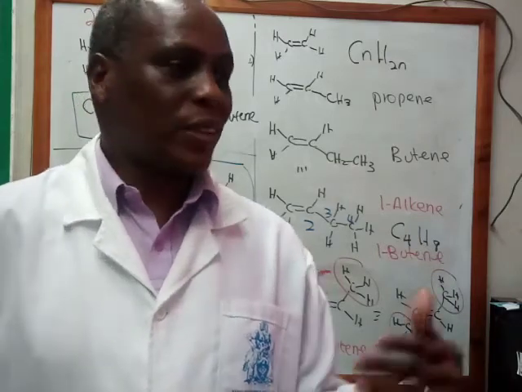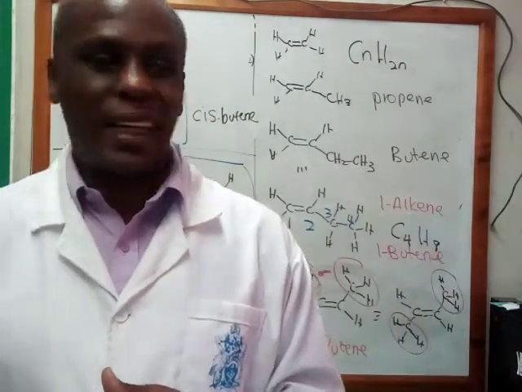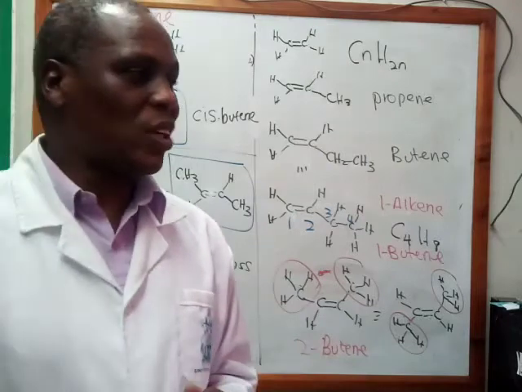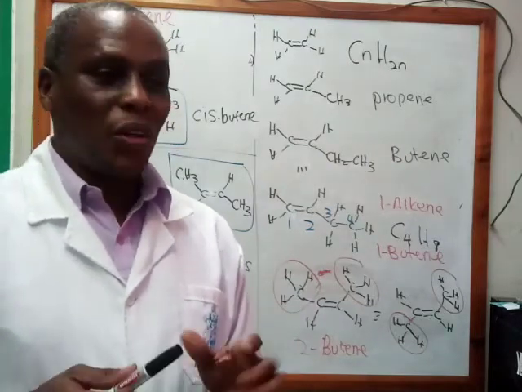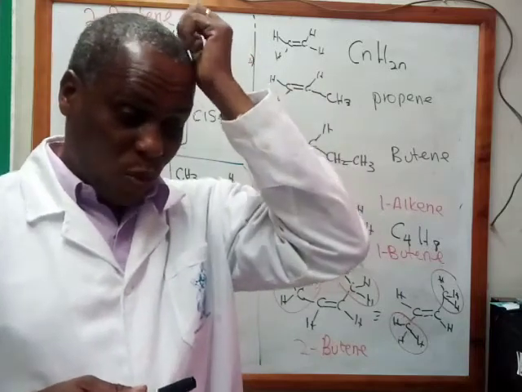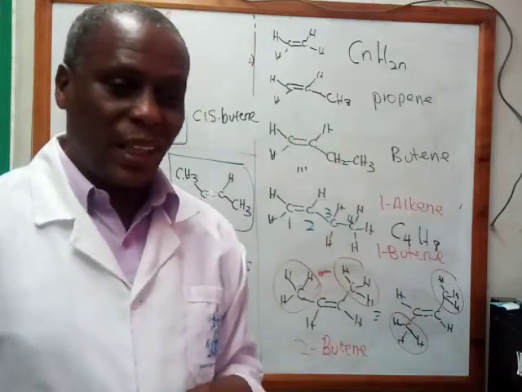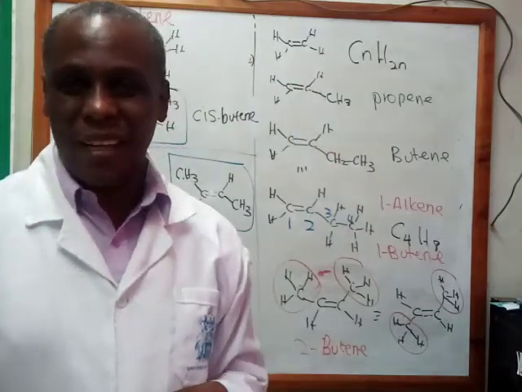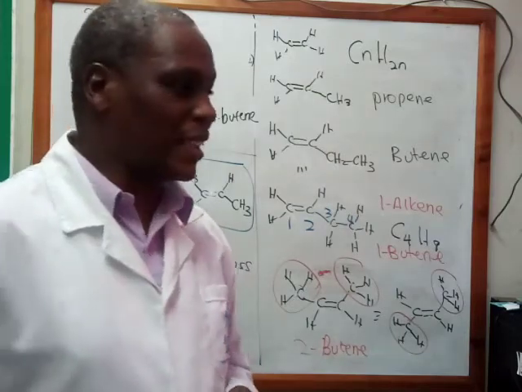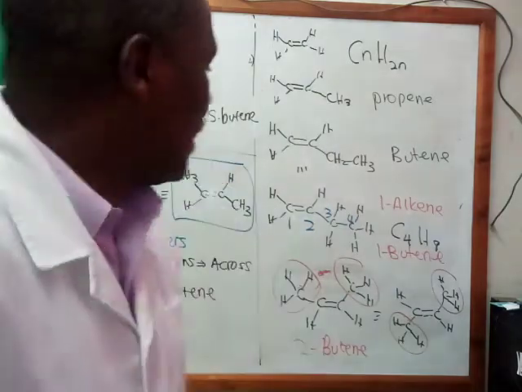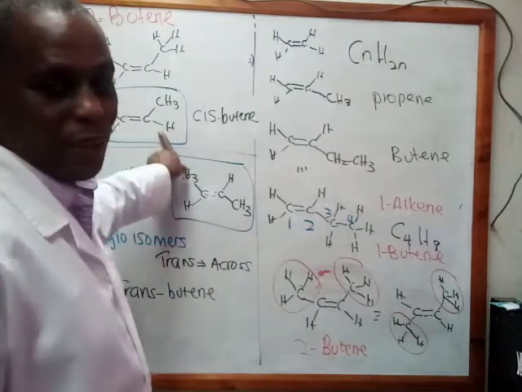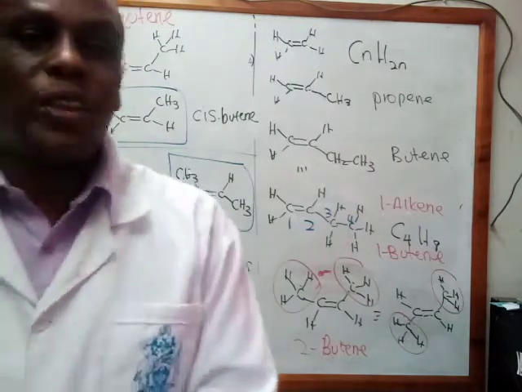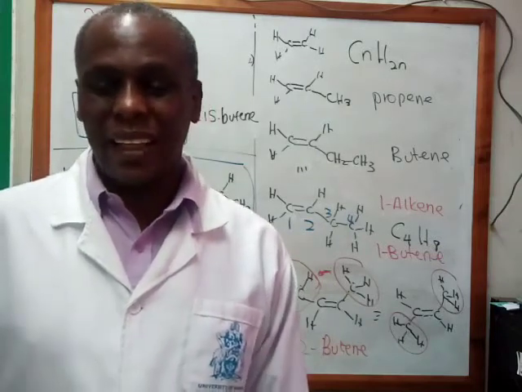It means that they are carboxylic acids which are found in fats, and they contain what? They contain double bonds. So you're going to hear words like trans fats and cis fats. What it means is that the cis fats contain the double bond on the same side, which is said to be healthy fatty acid.